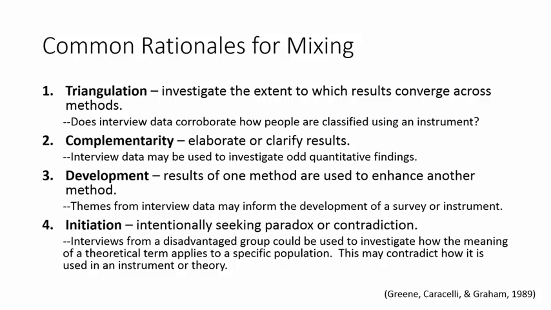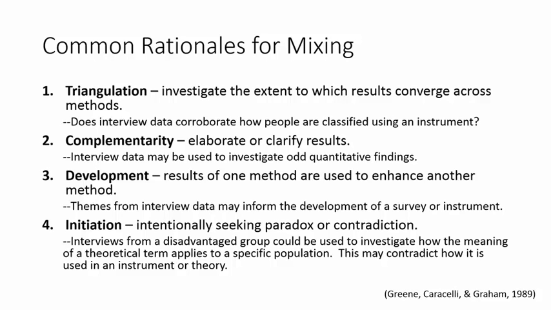One is triangulation, and this is a word that originally came from navigation, and in the mixed methods world, it has transformed itself. So it doesn't mean the same thing in navigation as it does in the mixed methods literature. But I guess in some sense you could draw a connection there.